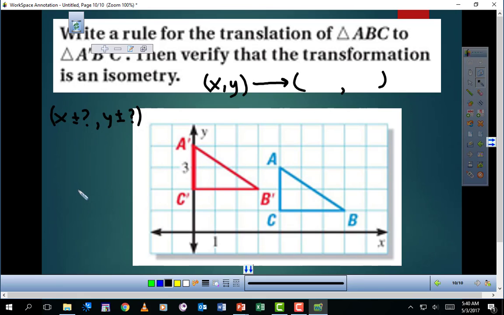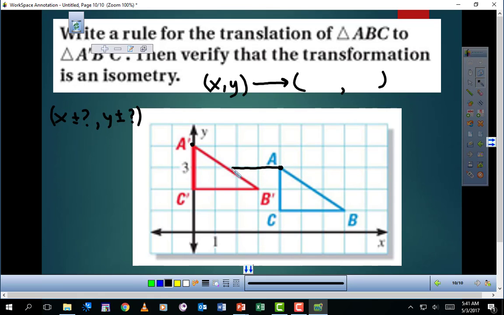Now the way you do this, or the easiest way I think to do it, is to take a corresponding pair of points. I mean, this point A corresponds to this point A prime, right? Now remember which one we start off with? We start off with the regular capital letters and we go to the prime ones. In other words, we start off with this blue pre-image and we go to the image. So how do we get there? We'll start off by going in the x direction. We go over this way.